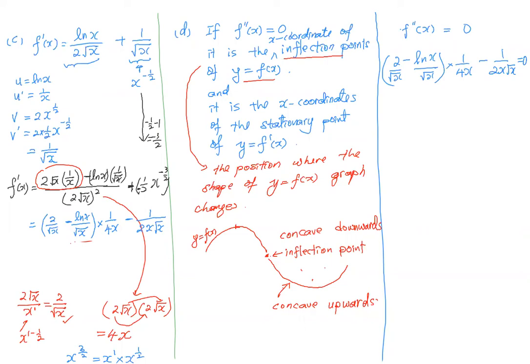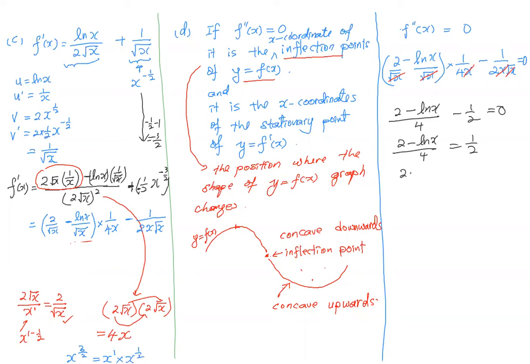That means here we have 2 root x, cancel. This one has x, this one has root x, all cancel. So now my whole situation becomes like this: (2 minus ln x) over 4 minus half equals 0. So (2 minus ln x) over 4 equals half.